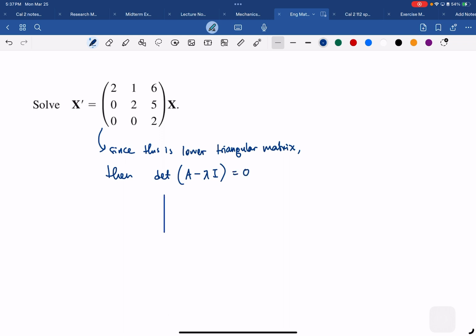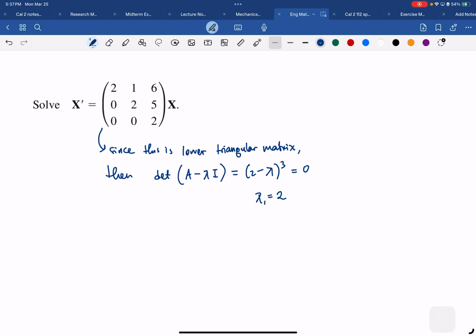This is equal to, let me just write directly, (2 minus lambda) cubed equals 0, so we can write that lambda is basically 2. Let's write lambda 1 just to name the symbols.